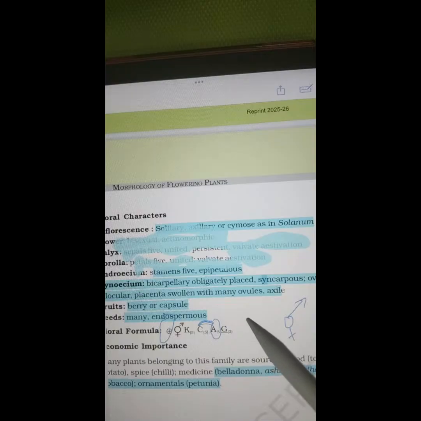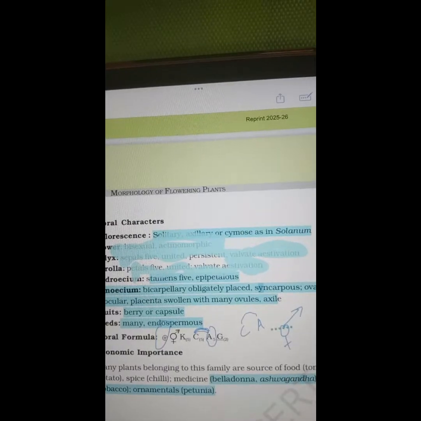Very important. So whenever you see an arc in between C and A, so C means corolla, A means androecium. So this signifies epipetalous condition. And here G means gynoecium, underscore means under, if you see that G has a dash beneath it, this signifies hypogynous condition.